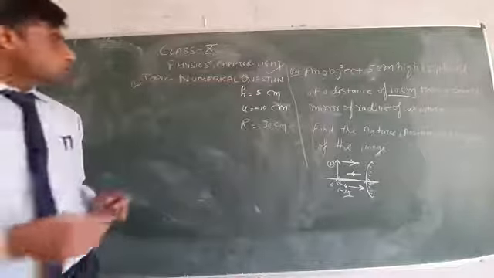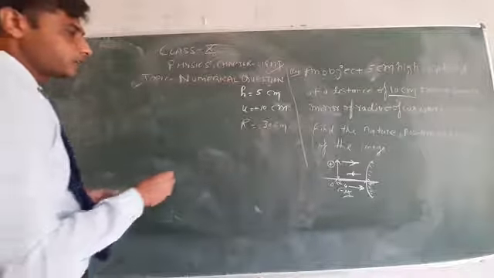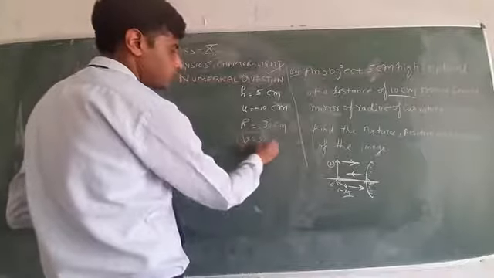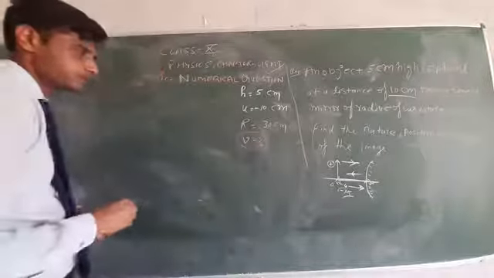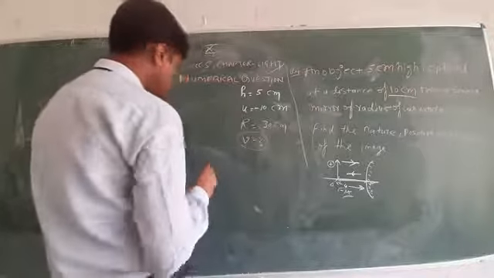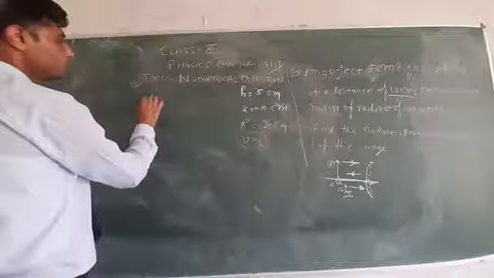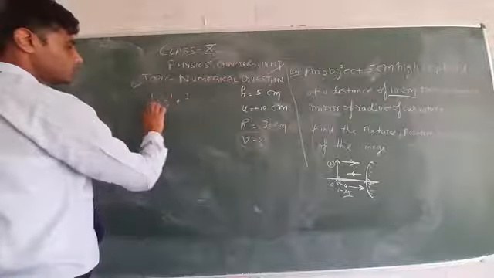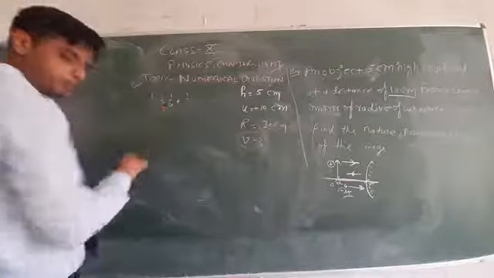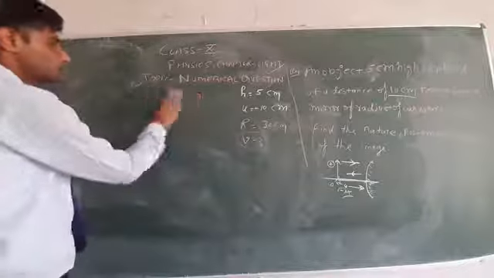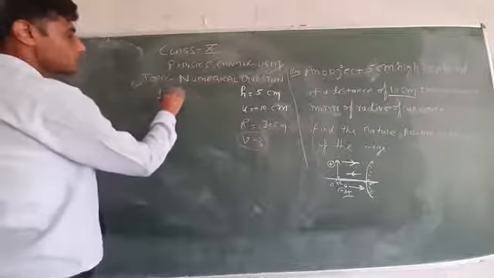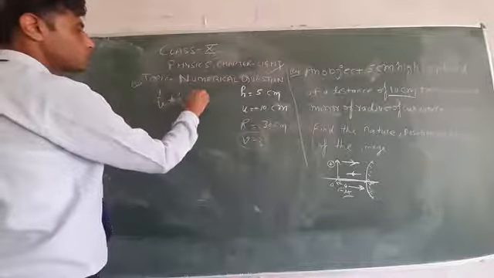So we have to find the value of v, the position of image. To find the value of v, we can use this formula: 1 upon v plus 1 upon u equal to 1 upon f.